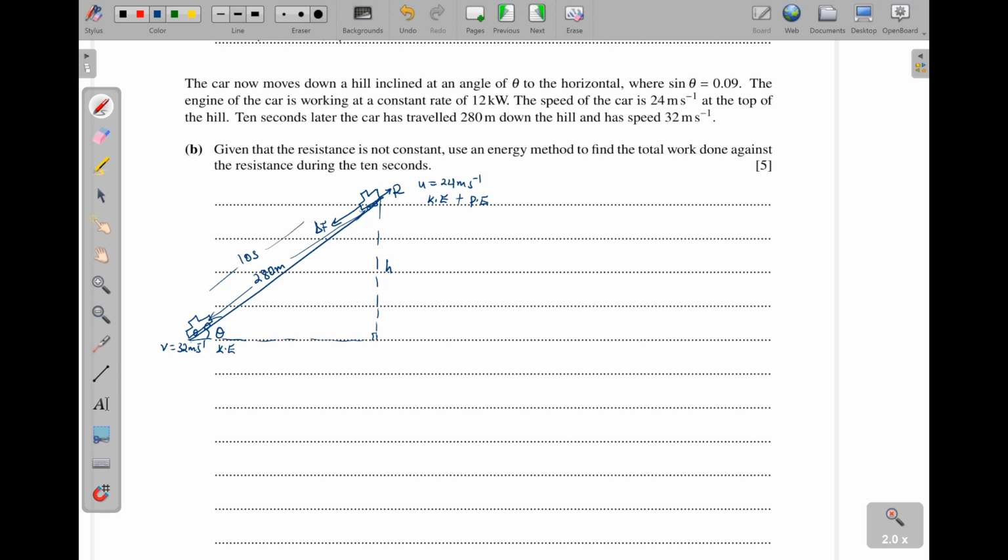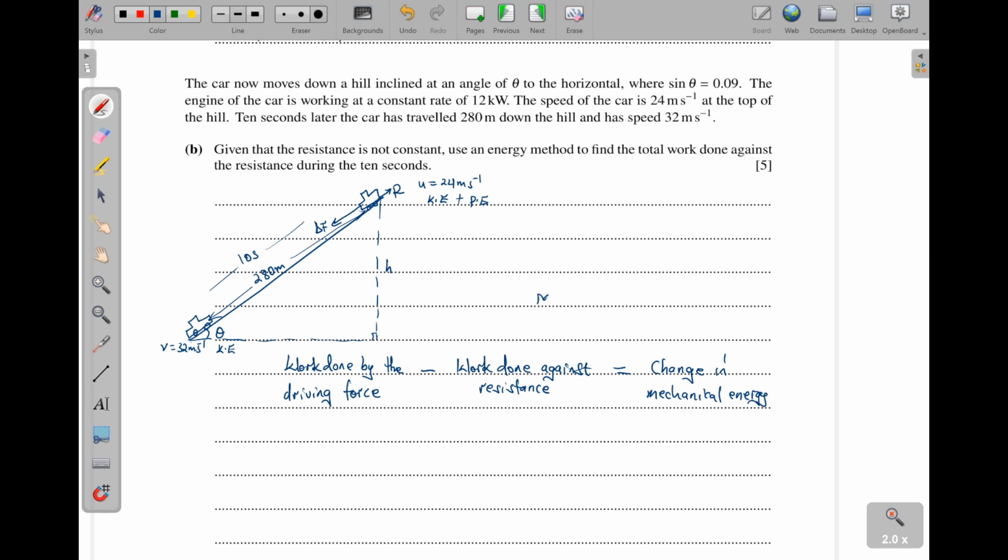Now we are supposed to use work done. Work done by the driving force, minus work done against resistance, is equal to the change in mechanical energy.